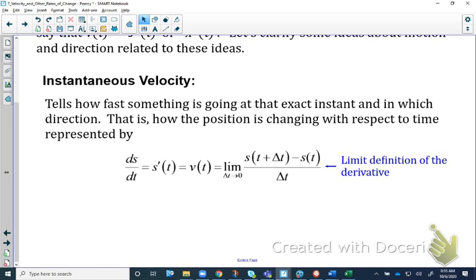Instantaneous velocity tells how fast something is going at an exact instant and in which direction, because velocity can be positive or negative to indicate a direction that your particle is moving. So here the first derivative of the position function is the velocity function. That's why we say s prime of t is equal to v of t, and we could identify that by looking at the limit definition of the derivative, although we are definitely moving past that at this point.